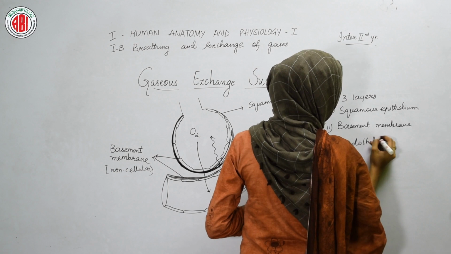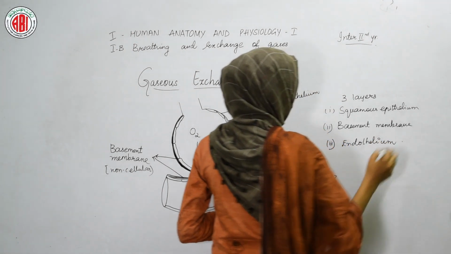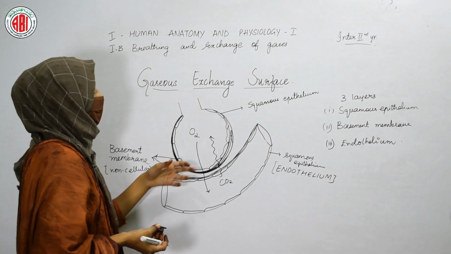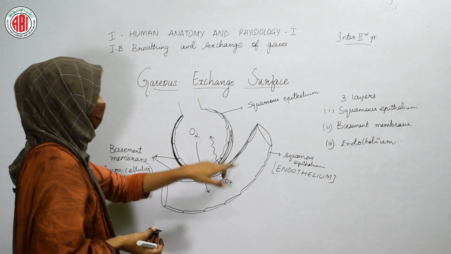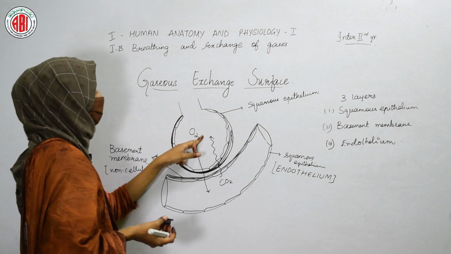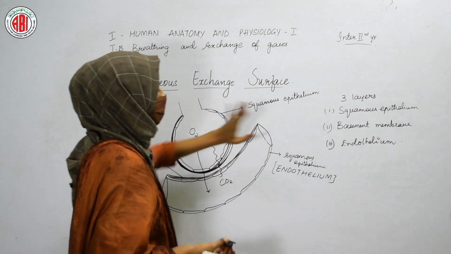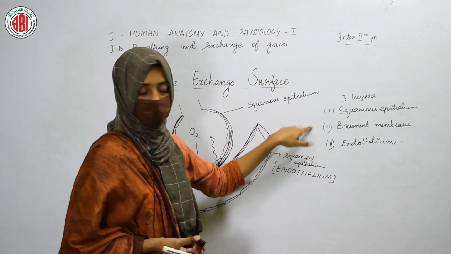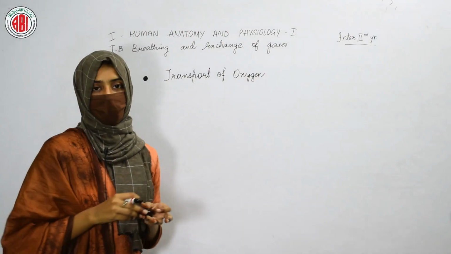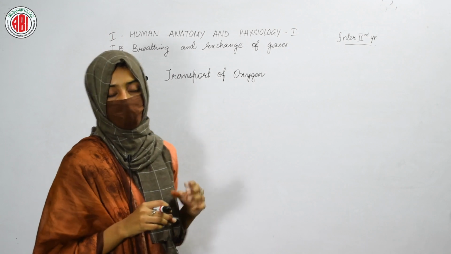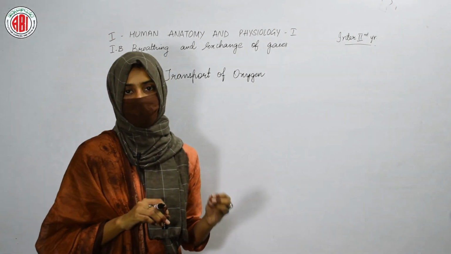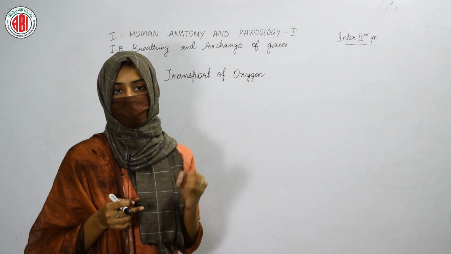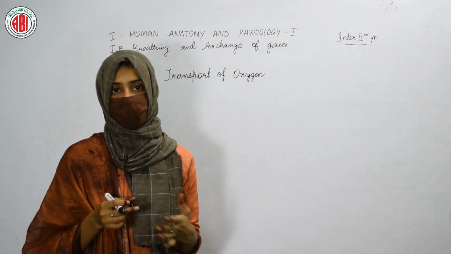So these 3 layers are very important for the transport of oxygen into the blood capillaries and the transport of carbon dioxide from the blood capillaries into the alveolus. So these 3 layers are important: squamous epithelium, basement membrane and endothelium. So we have seen the different concentration of the different gases. We have seen how the gaseous exchange takes place because of the presence of different layers.